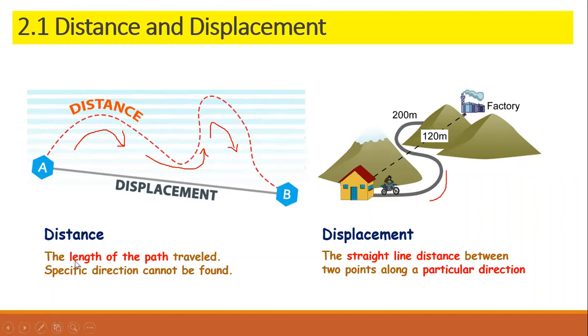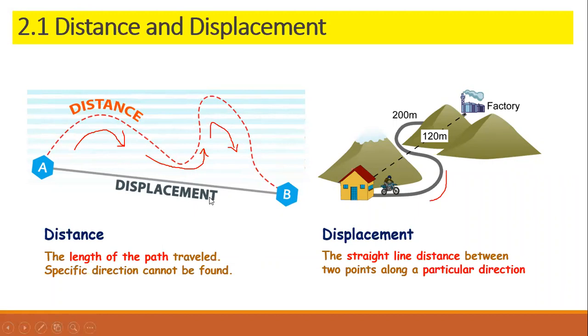But displacement is somewhat different from that. It is the shortest distance between two points. We call it the straight line distance between two points. Another thing relevant to distance and displacement is that distance doesn't have a direction.